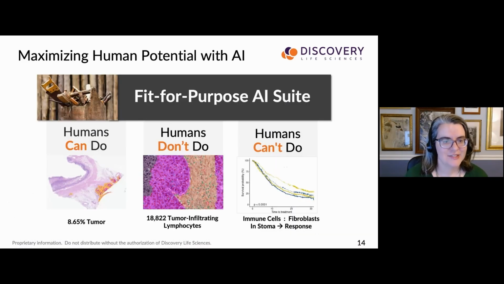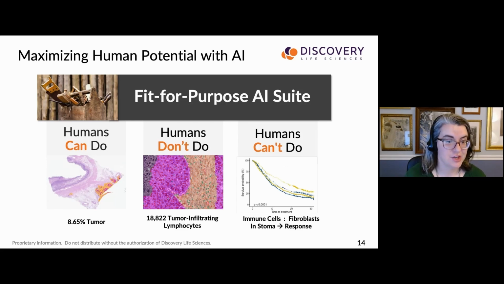And within that, these were all examples of our big theme. Think of AI as a suite of tools that are each fit for a particular purpose. So it's all about choosing the right tool from your AI toolbox. And I gave an example of AI coming in and doing something that humans can do. We saw that picture of a slide with 8.65% tumor.